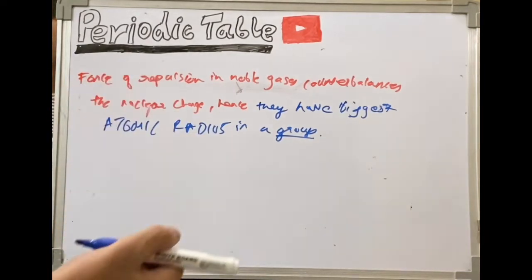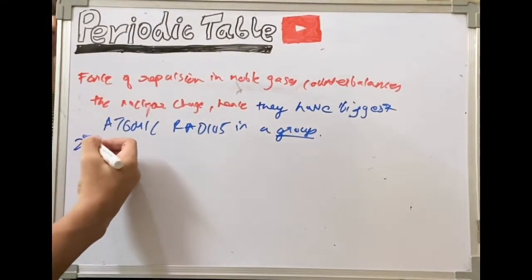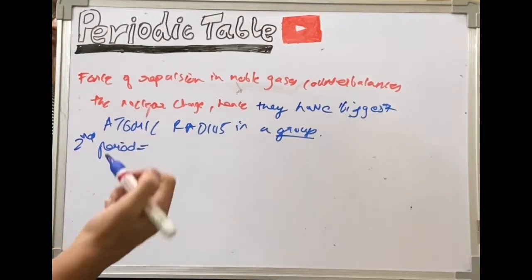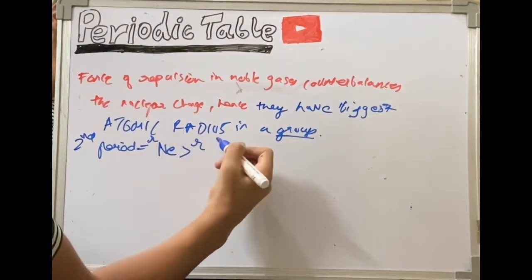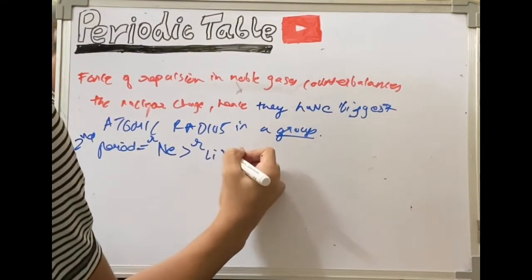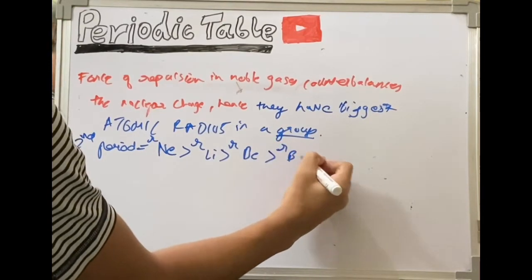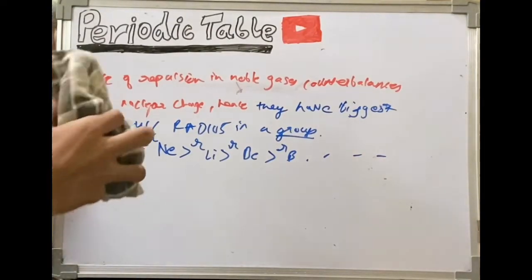And on the second position there is the first element of the period. For example, in the second period it will be neon. R of neon is more than... and this way, okay? So this is how it happens.